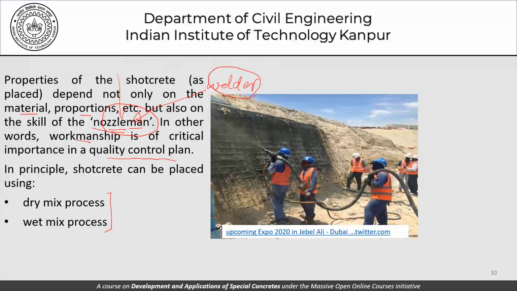These are questions which I'm leaving to you to look for in literature. It's not so much a matter of thinking, but of looking at the standards in different countries to find out how they treat the qualification of a nozzleman.